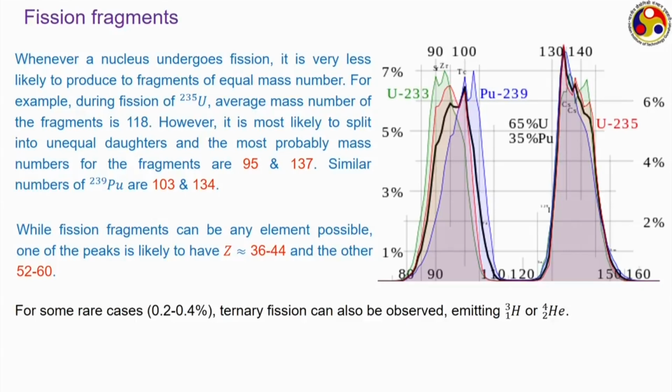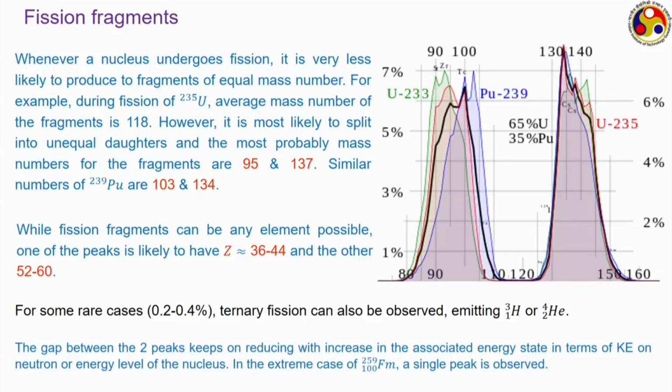I repeat, as the mass number of the fissile nucleus keeps on increasing, generally its energy level also keeps on increasing. Accordingly, the distance between the most likely mass numbers of the fission fragments also keeps on decreasing. In an extreme case of Fm-259, which is an artificial isotope, we generally get only a single peak.